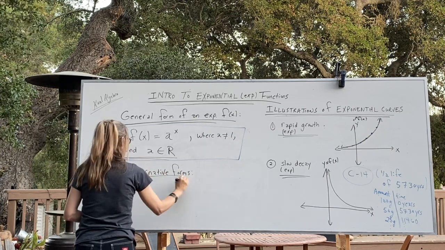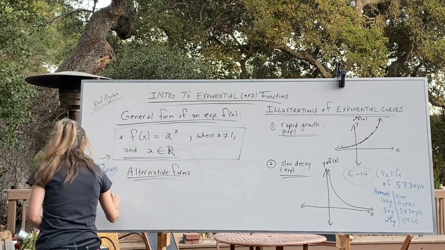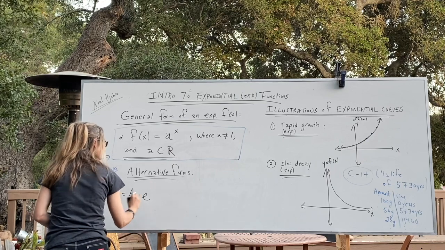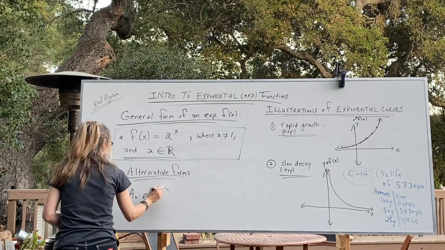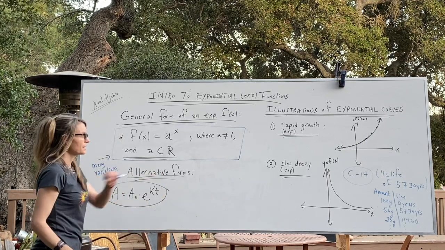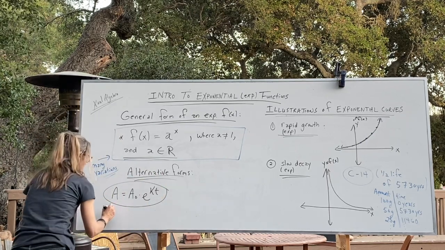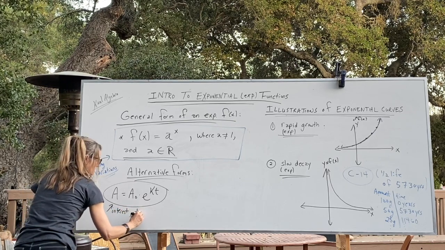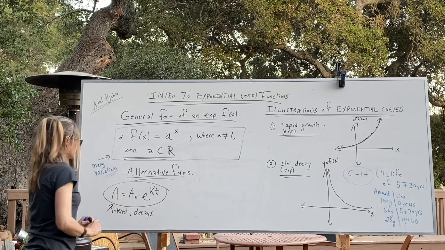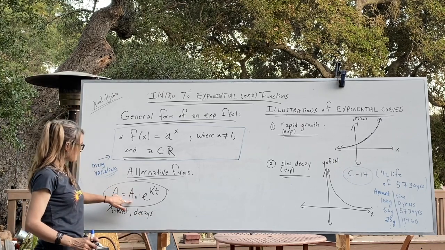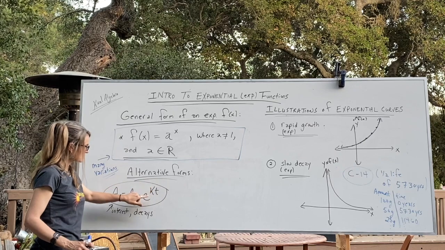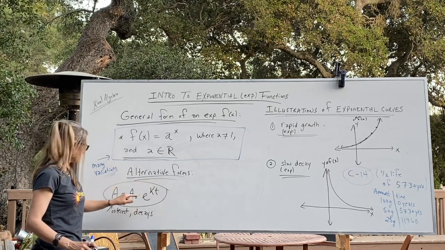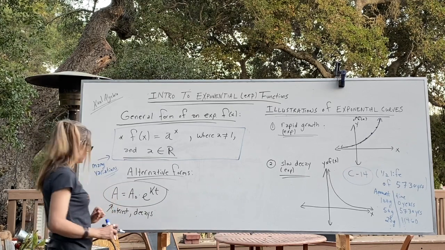Some of these alternative forms will be a equals a naught times e, which is a number, to the kt. This is what we use for radioactive decays or interest. We have a more specific model where this is your initial amount and it grows exponentially based on this factor in the exponent and gives you a certain amount output.